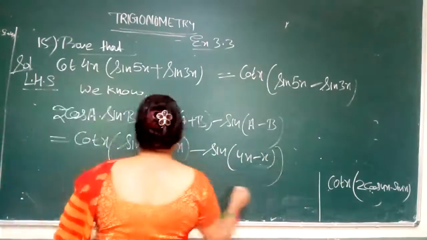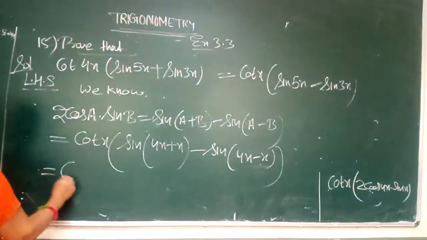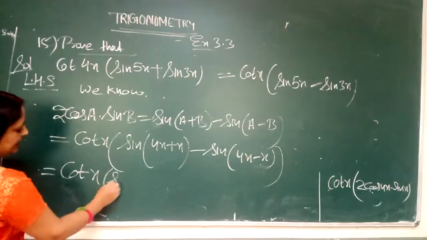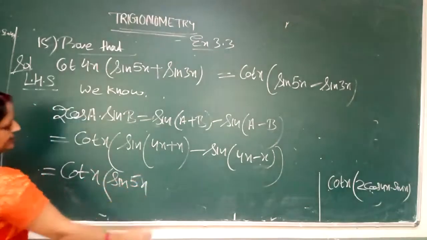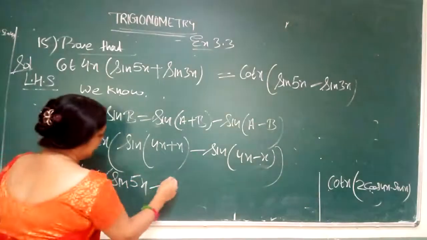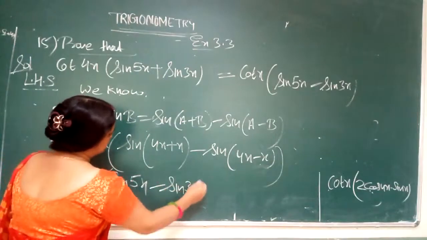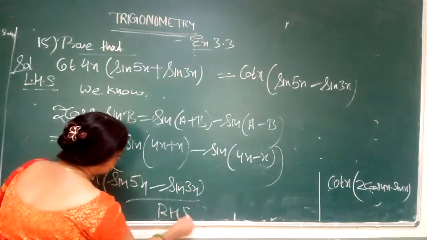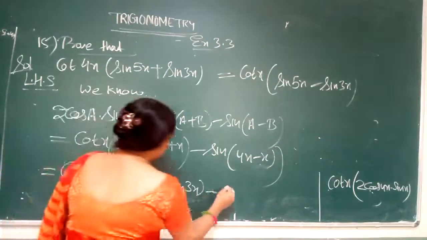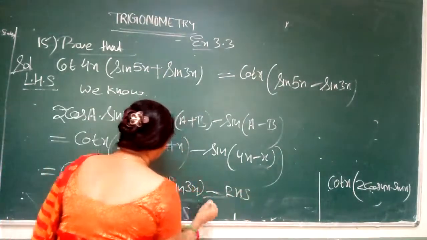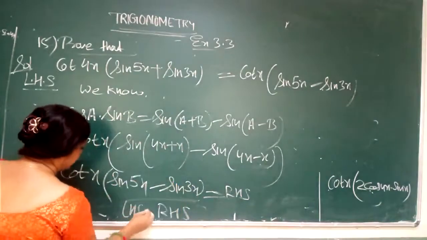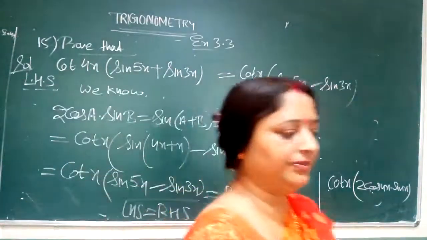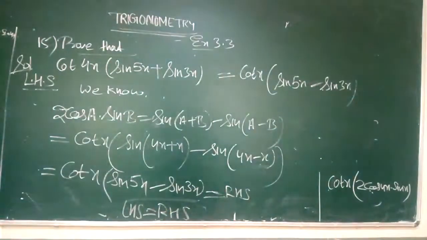After this step it will come here cot x into sin 5x minus sin 3x. So this is the RHS. Hence left hand side is equal to right hand side. Hence question number 15 is verified.